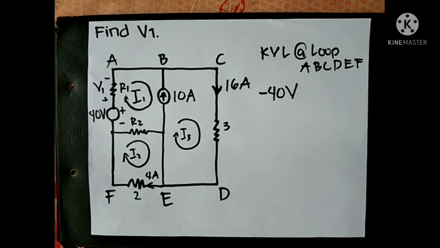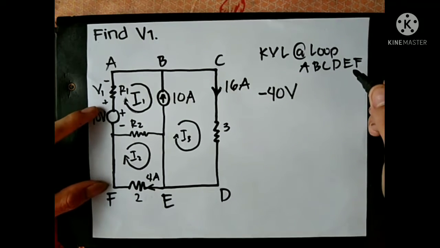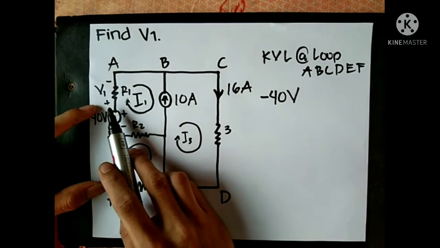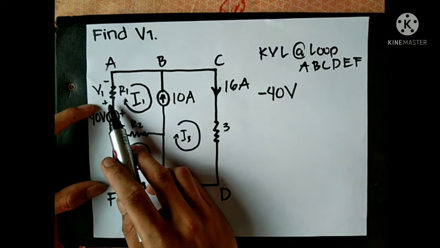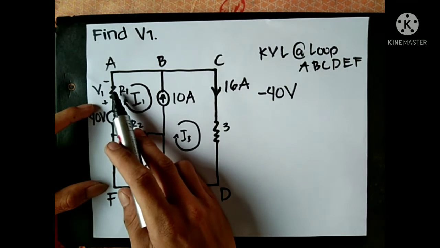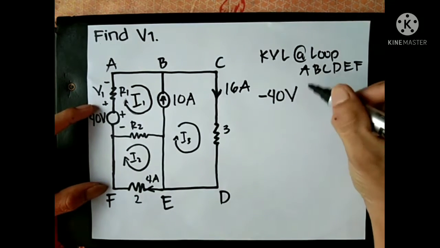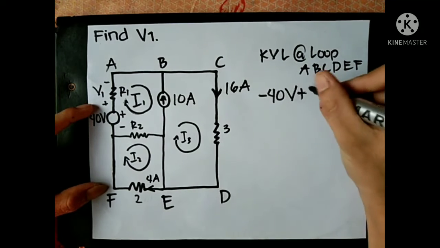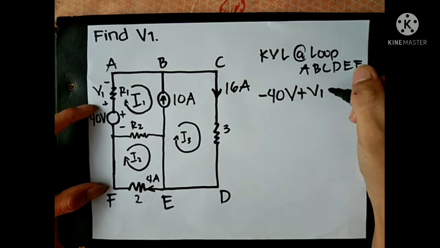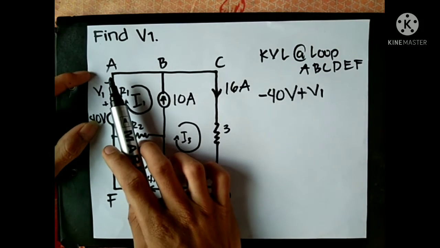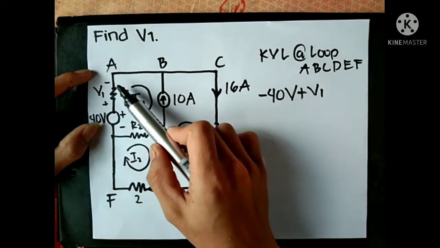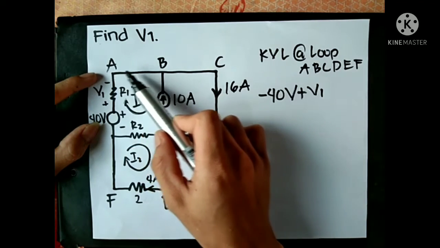And then as it enters V1, as you can see here, it goes from higher potential to lower potential, so it is a positive V1.